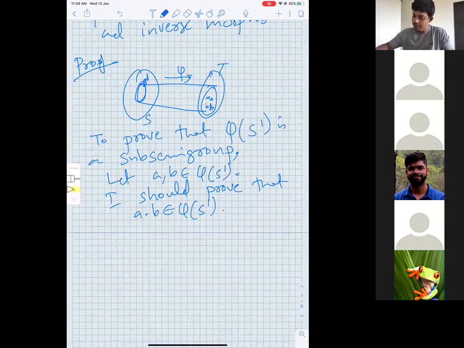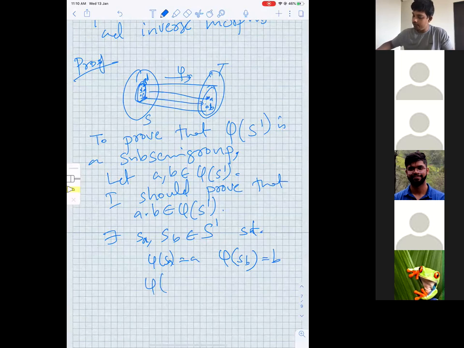Since A and B are in phi of S prime, there exist SA and SB in S prime such that phi of SA equals A and phi of SB equals B. Yeah, there exist two elements, SA and SB here, which map to A and B.